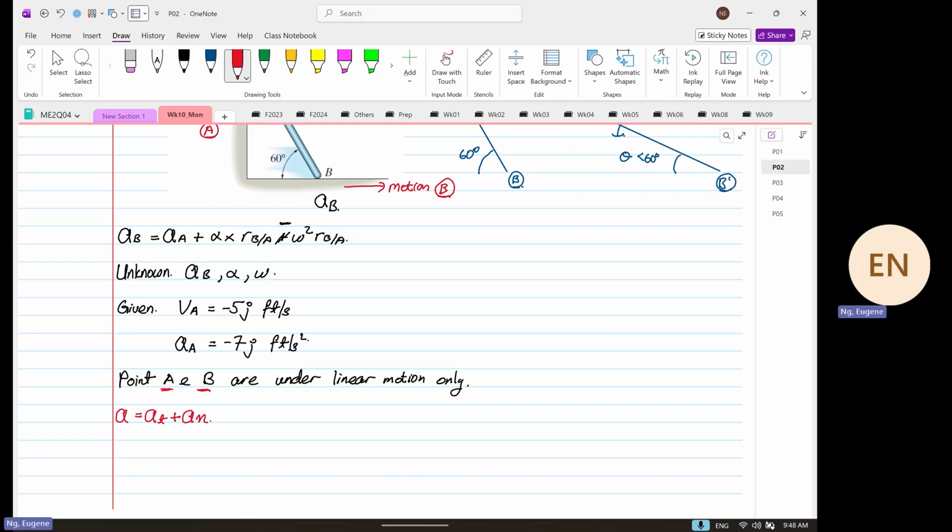But the A normal over here is equal to 0. And this is because point A and B are under linear motion only.